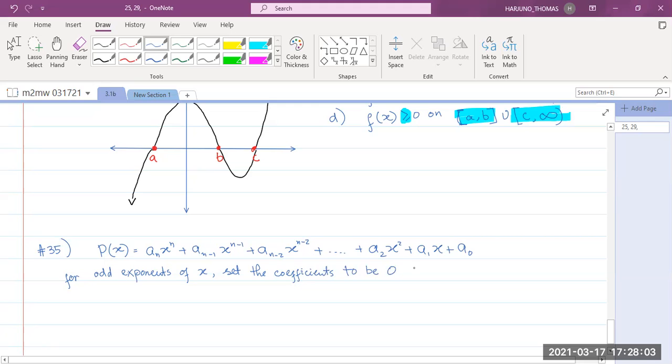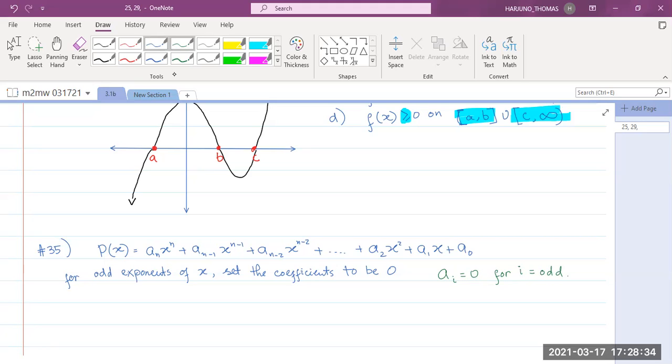Okay, notation wise, we can write it this way: a sub i equals 0. The coefficient for exponent i is equal to 0 for i odd.